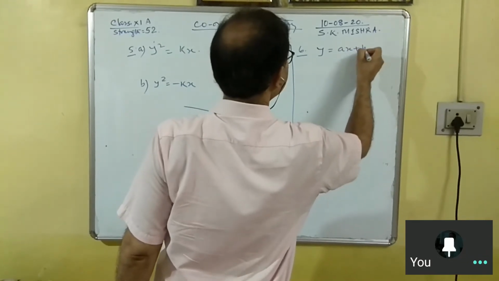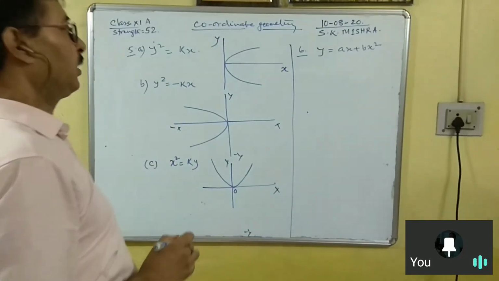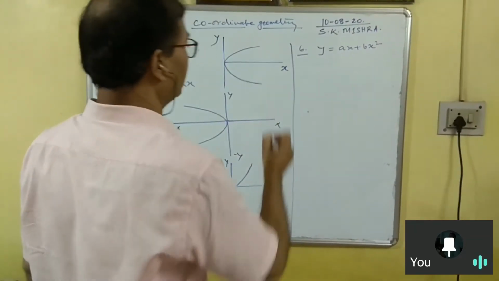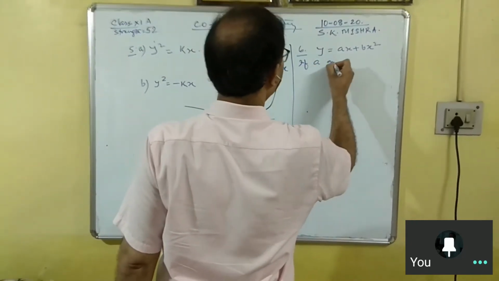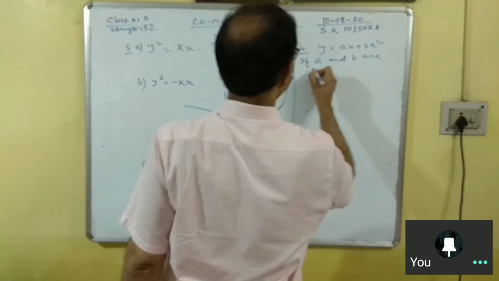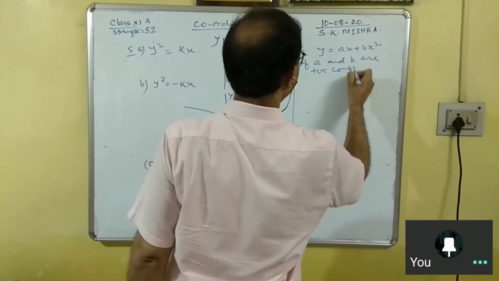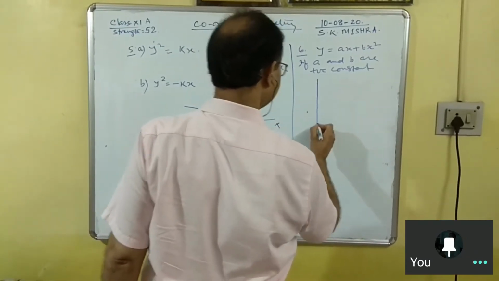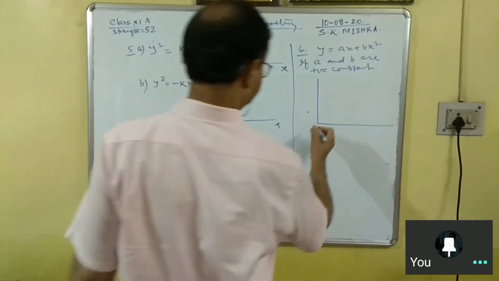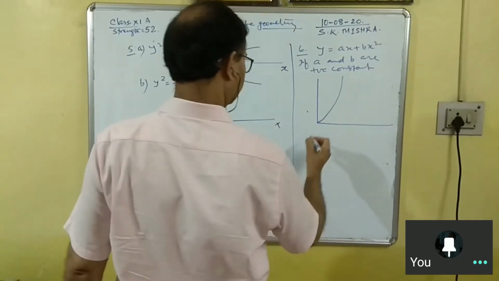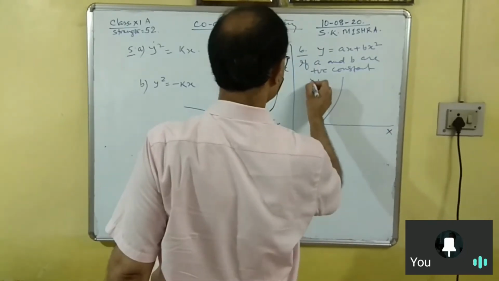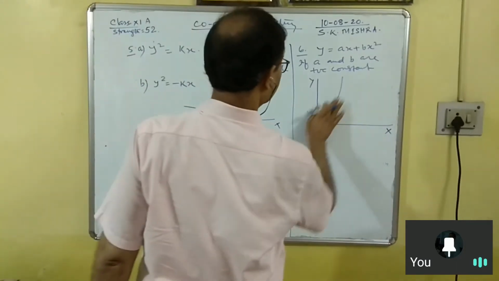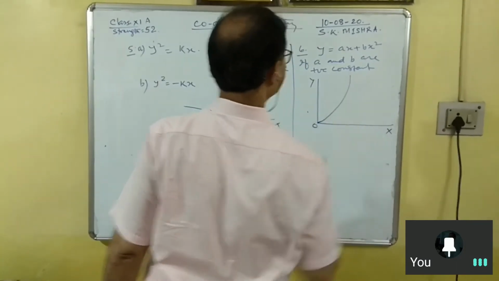If you plot the graph between y and x, where a and b are positive constants, these two constants are positive, then the graph will be like this. On this side it is the x-axis, here is the y-axis, and it is 0. So it should be like this.